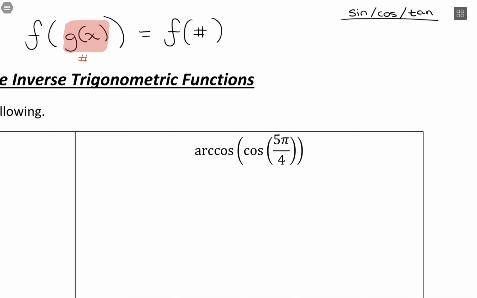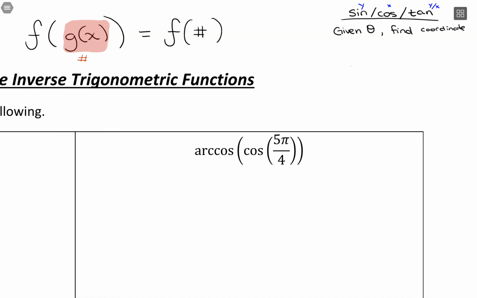So with just working with sine, cosine, tangent, the idea is that we're being given an angle, and we want to find something related to the coordinate, whether it's y or x or the ratio of y over x.